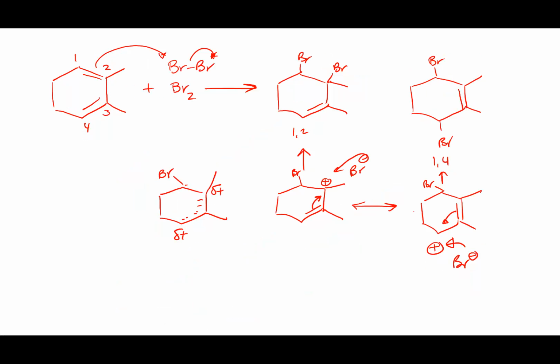So in this case, we've got the 1,2 product A, the 1,4 product B. Which one is the kinetic product in this case? Is it A, 1,2, or is it B, 1,4? Which one is the kinetic product?